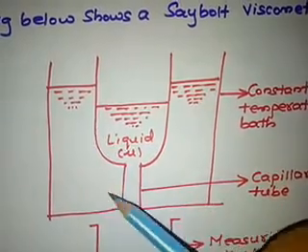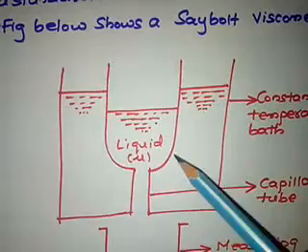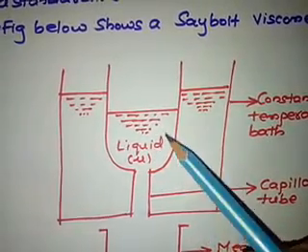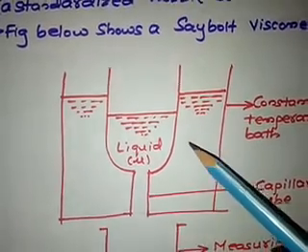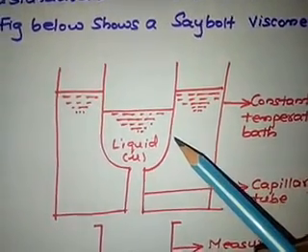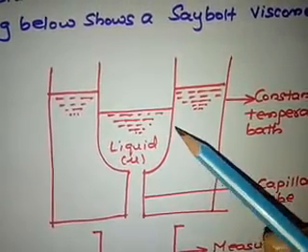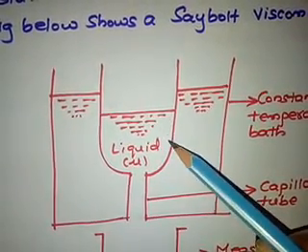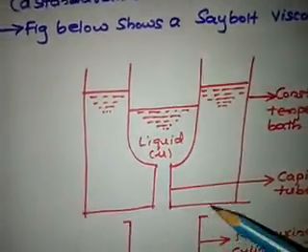Surrounding this there is a bath which maintains the constant temperature of the liquid inside the reservoir. Under the specified temperature and a standard height level of the liquid, when it flows out of the reservoir, it falls into this measuring cylinder.